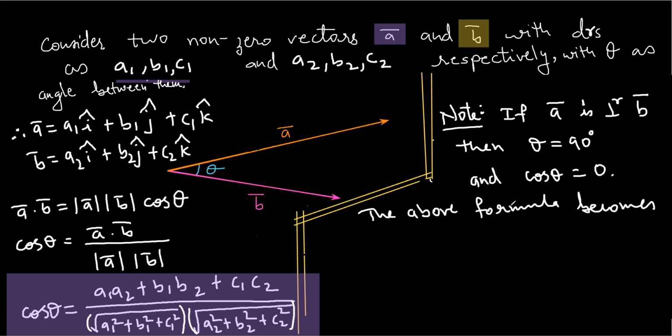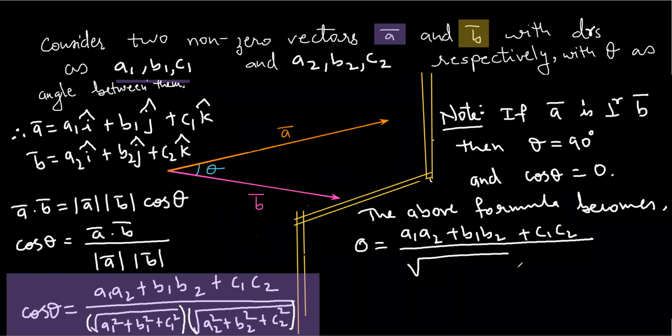What will it become, my dear students? See, here you will write 0. So when you write 0 here, you will get 0 equals A1 A2 plus B1 B2 plus C1 C2 divided by the square roots.